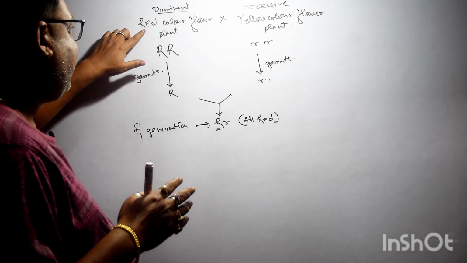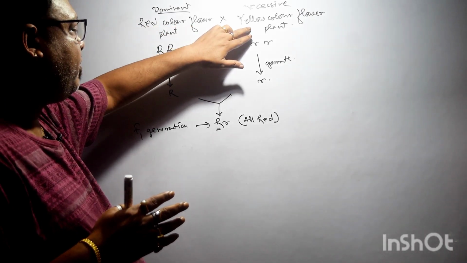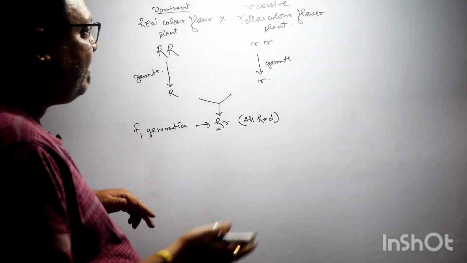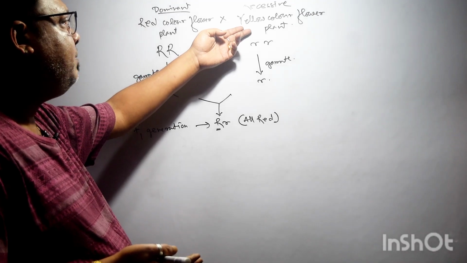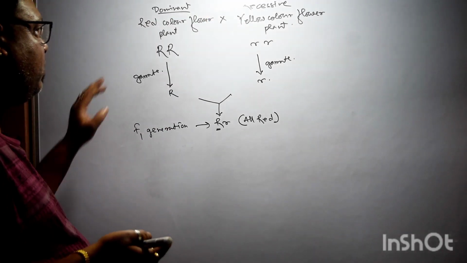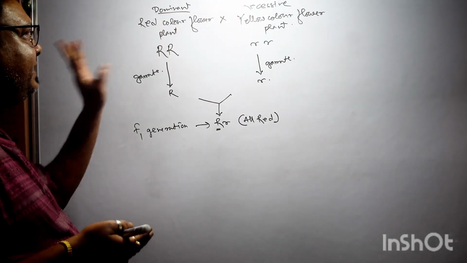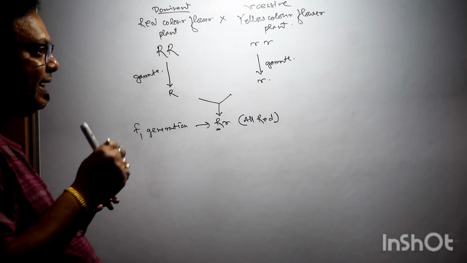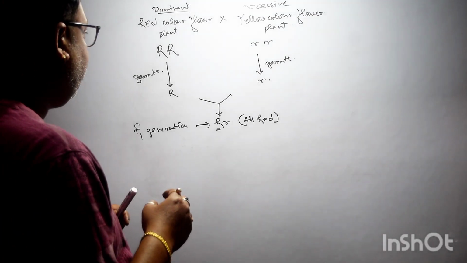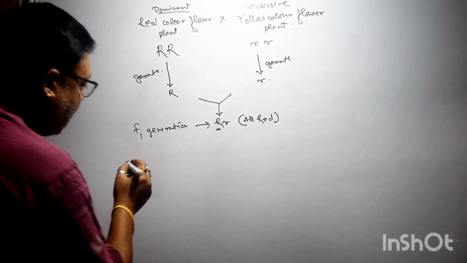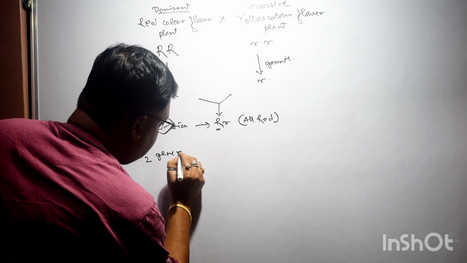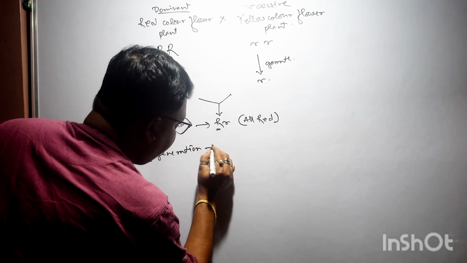Now as we are taking only 1 character of a plant over here, only the color. In case of other characters, this plant may become dominant over this one. This is case specific only. The dominant and the recessive cases are case specific. They are not fixed, or eternal in nature. Now how to find out the F2 generation?